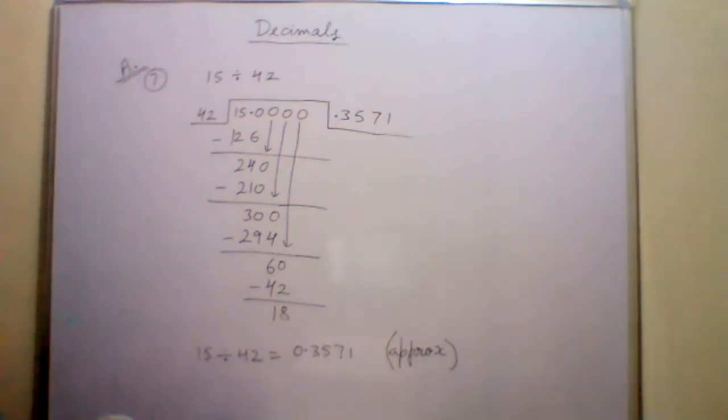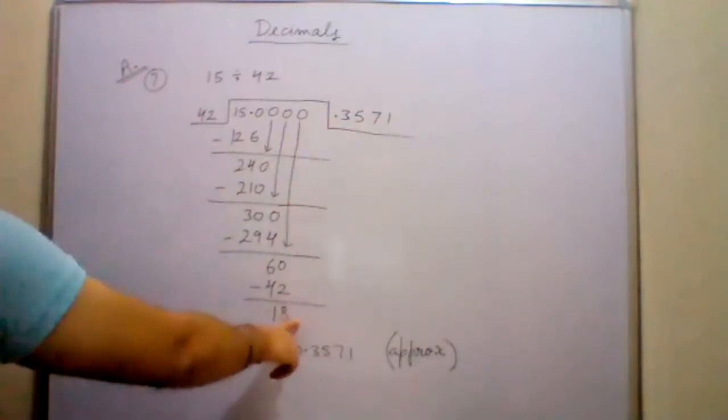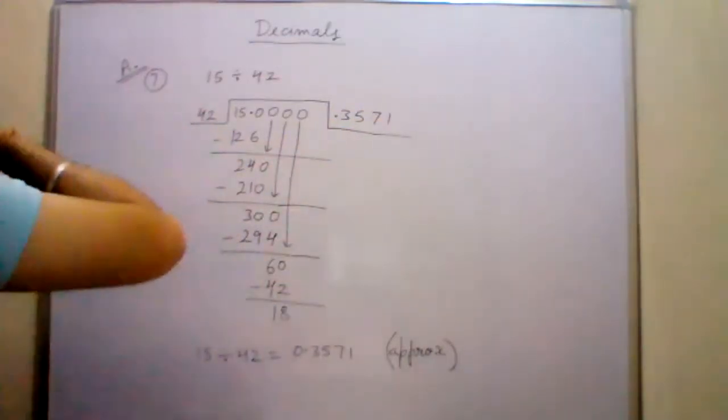Sir, I am not able to understand the seventh one. Okay, beta, which part have you not understood? Why are we not dividing? Are we not getting the remainder 0, or something else?